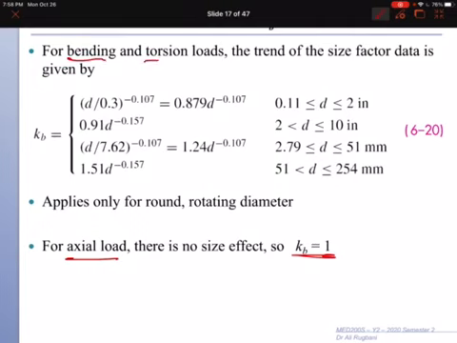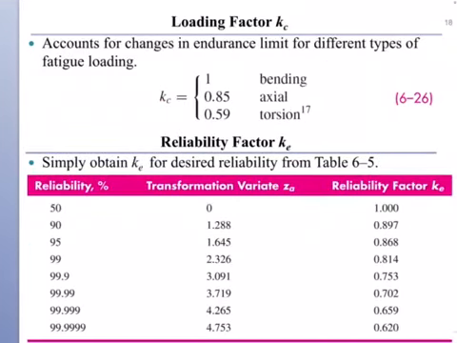For bending and torsion, you can use this formula. This is for SI units. If you have smaller diameter, you use this. If your diameter is between 2.79 and 51 millimeter, you use this formula. And if your diameter is larger, between 51 and 254, then you use this formula for the size factor.